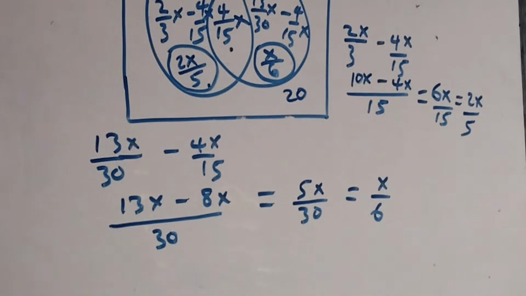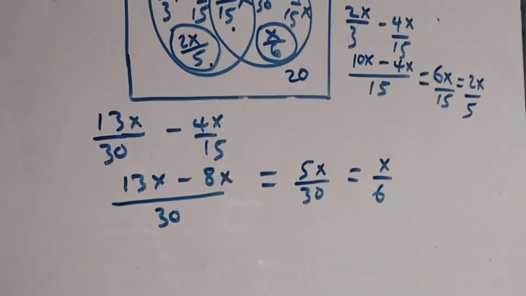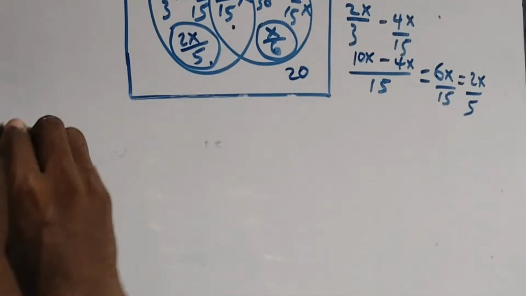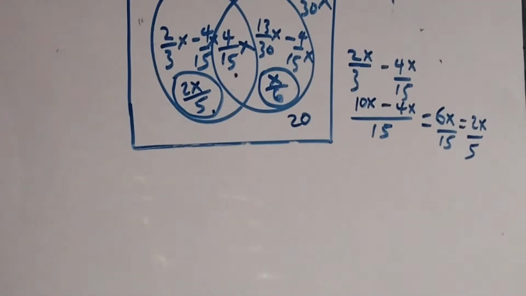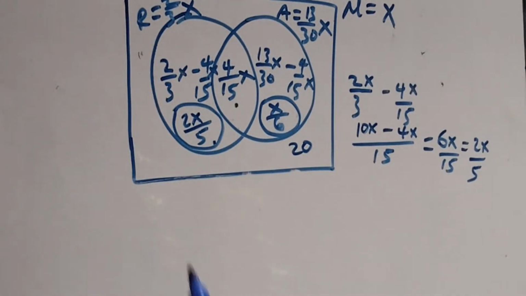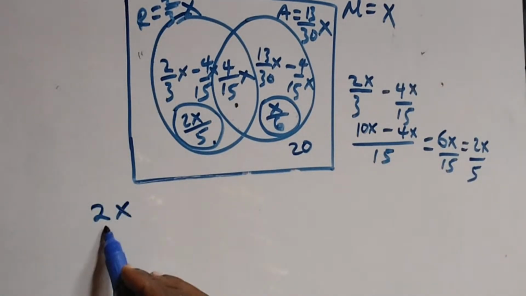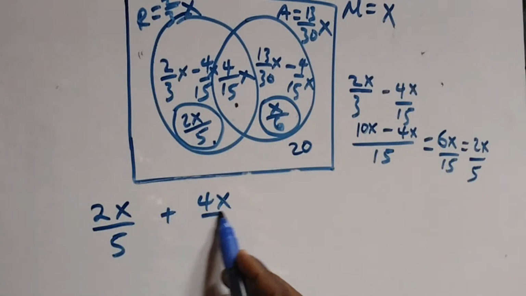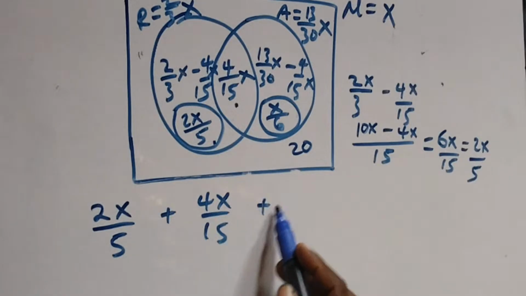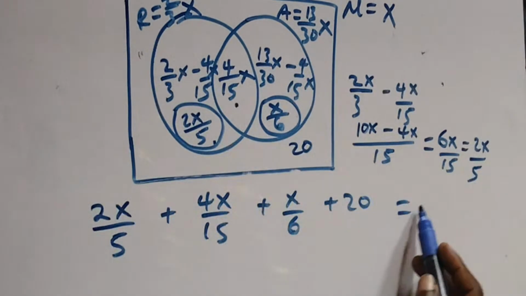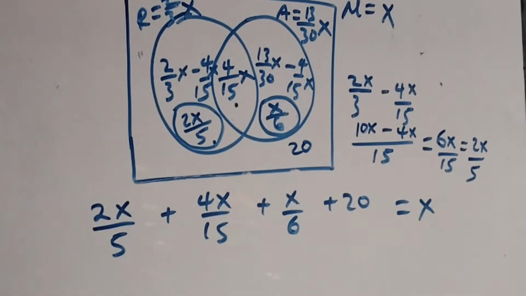So what we have here is now going to be 2x over 5 plus 4x over 15 plus x over 6 plus 20 now equals x.